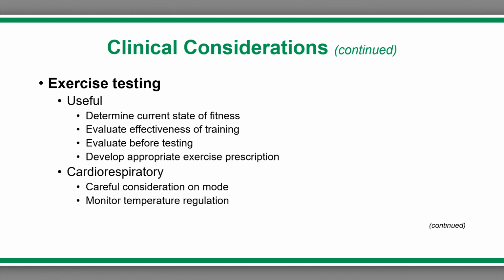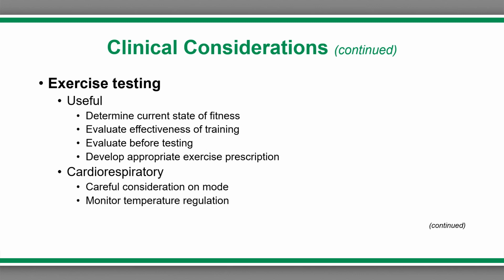If we're going to do an exercise test, we're going to think about the time of day. Earlier in the day is better because fatigue worsens throughout the day. We're also going to consider that the temperature is controlled, and we're going to be aware of the cooling system. If it gets too warm, the individual will have greater muscle fatigue, and so cool packs, fans, etc. are going to be necessary.